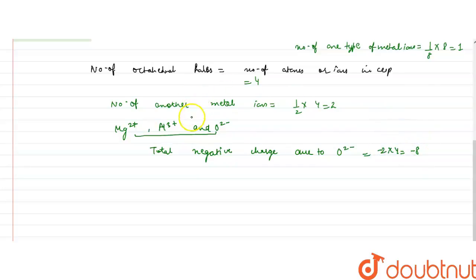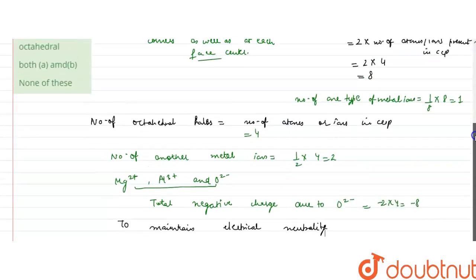Now, to maintain electrical neutrality, the negative charge due to oxide ions is neutralized by the positive charge. We have two types of metals, Mg2+ and Al3+, with one type of metal ions as 1 and another type as 2.